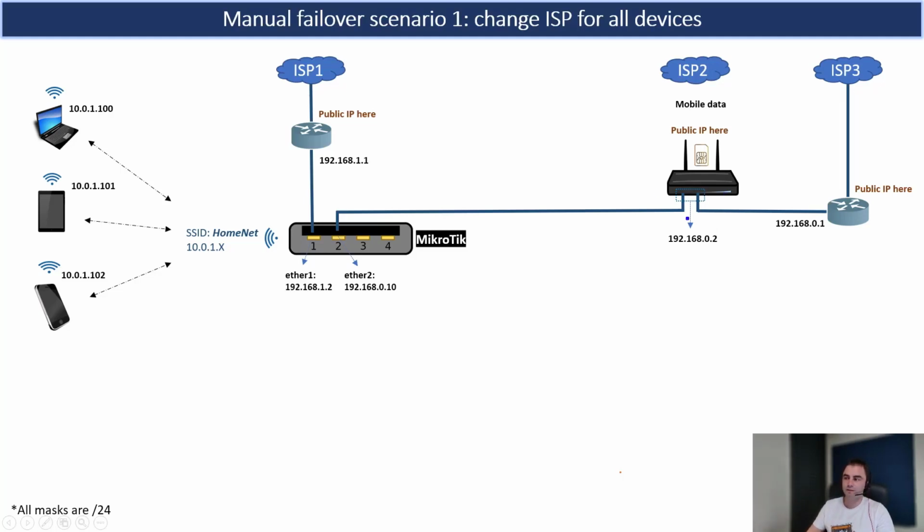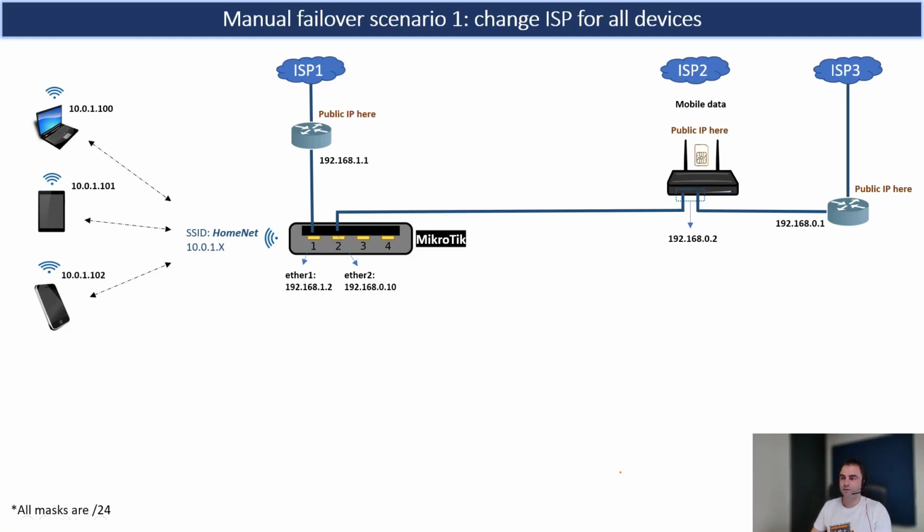So that's why in this group, I'm just using two of these ports. I set up .2 address here, and on Ether2, I set up .10. So they said these two addresses are free and I can use them. And that's actually half of the solution.